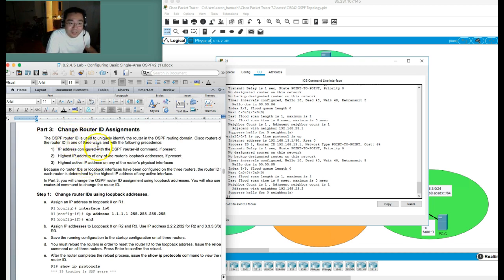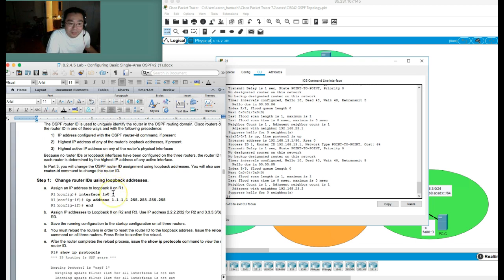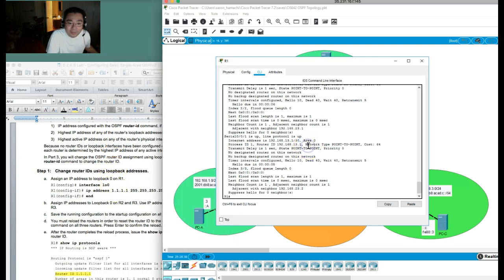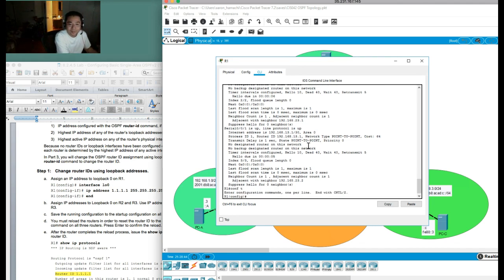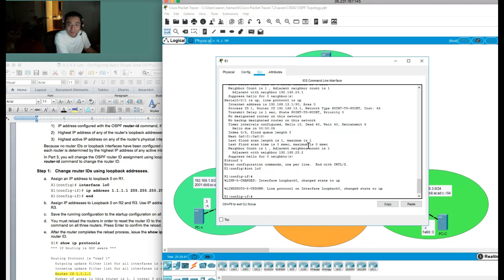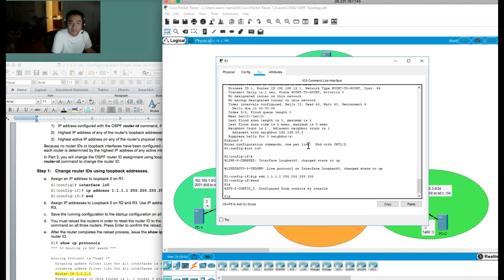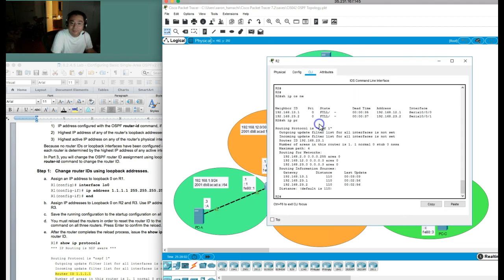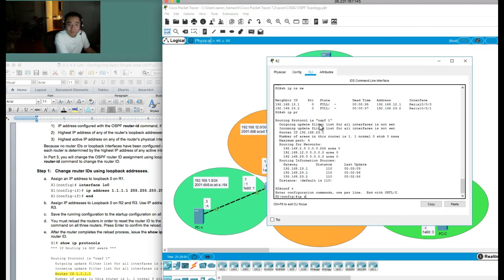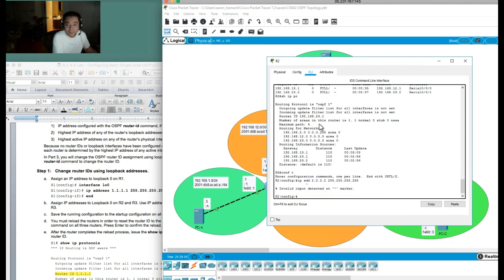Change router ID assignments. Okay. So we could do this, just real quick. Interface loopback 0. Oh, need to go into the interface first.